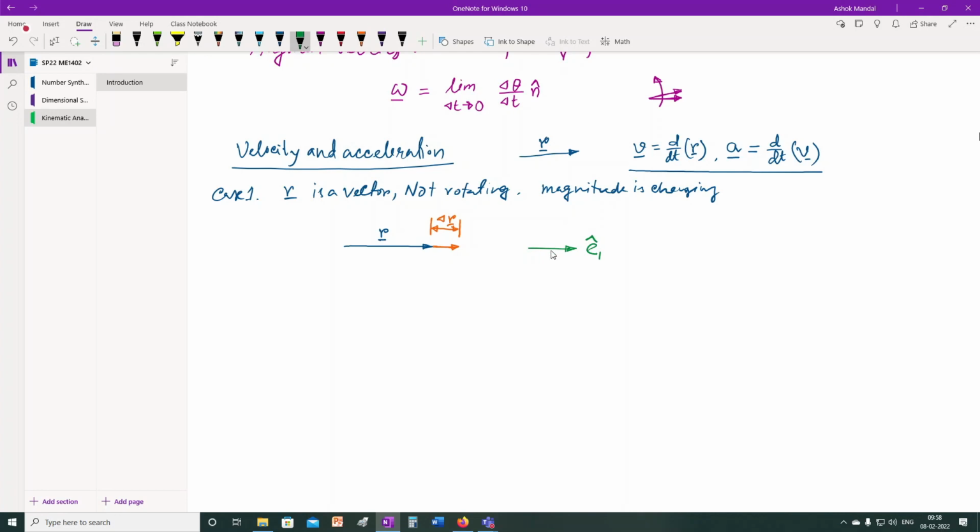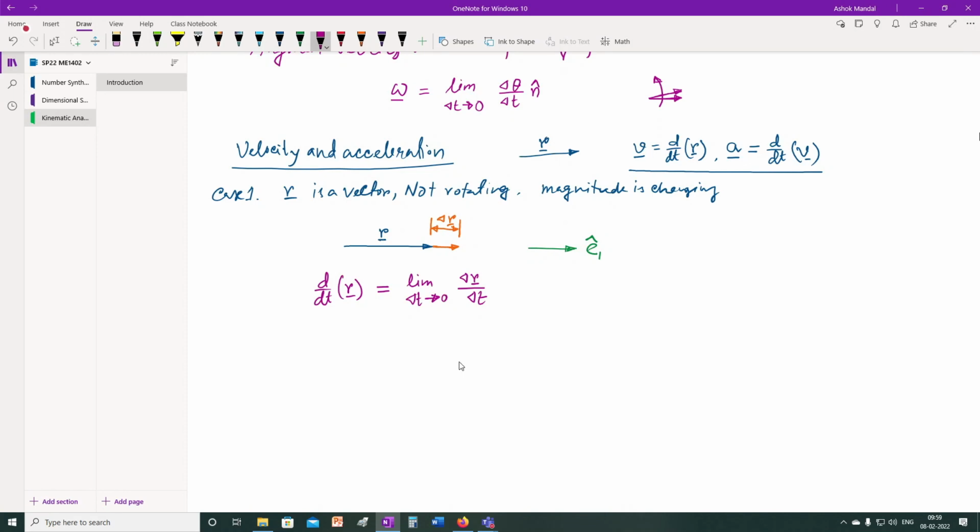Now, if you want to find the derivative of this vector, you can use this definition: the limit as delta t tends to 0 of whatever change happens in this vector in delta t time, divided by delta t. That gives you the derivative. This is the definition from first principles.